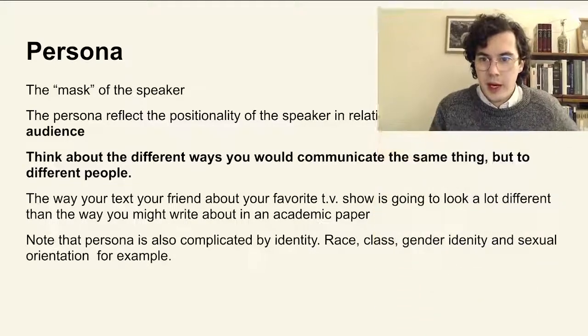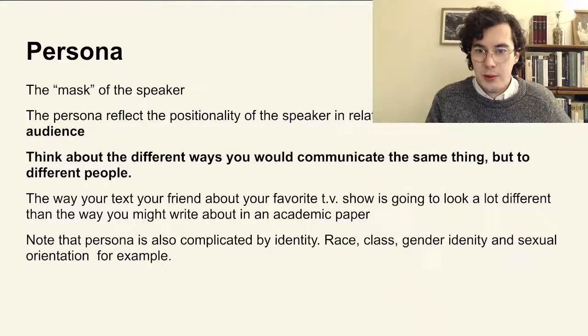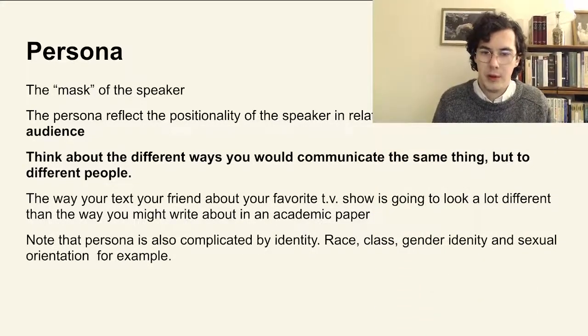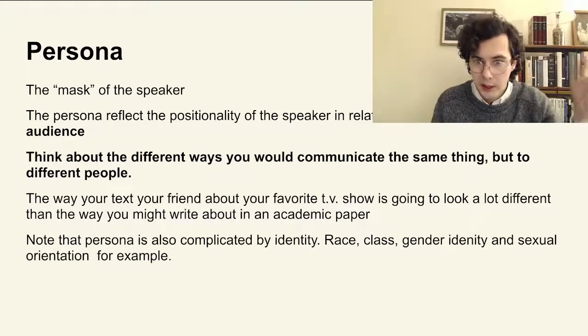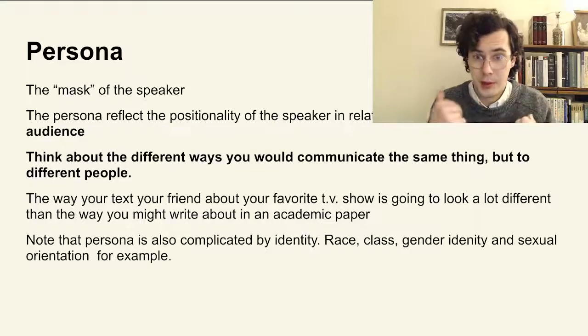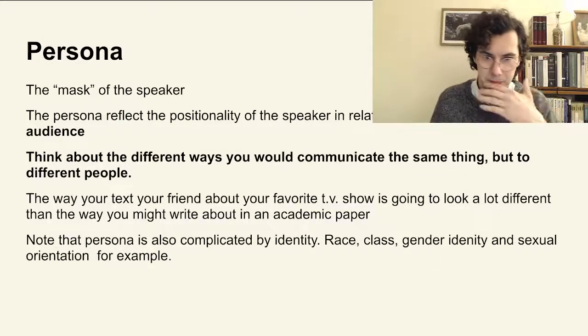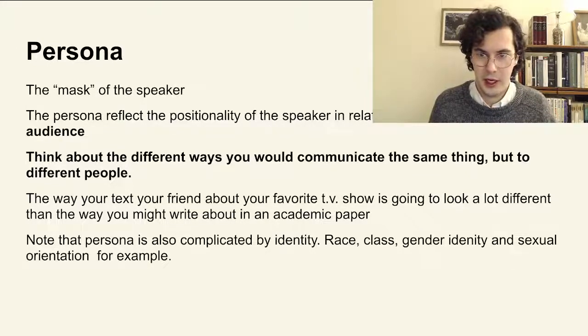So I also want to highlight here, and I think this is an important point that we'll be discussing and coming back to throughout the course, that the persona, right, not the actual person, but the perception of that person and the person's own perception is complicated by identity, right?